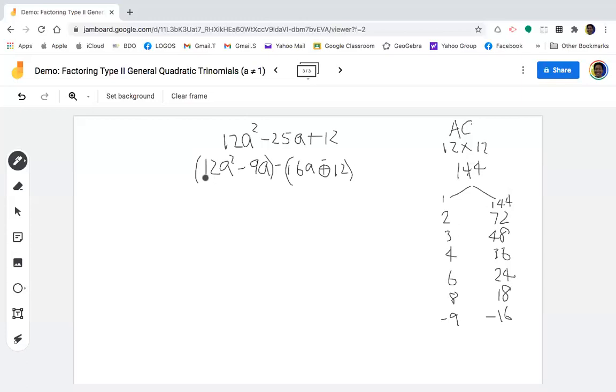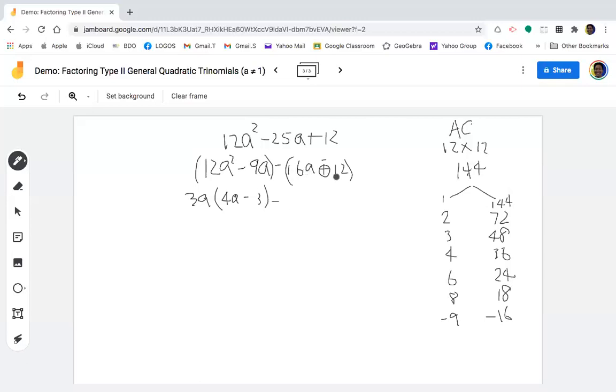Now let's factor out the GCF for each group. So for the first, we have 3a times a minus 3, that gives us 9a.